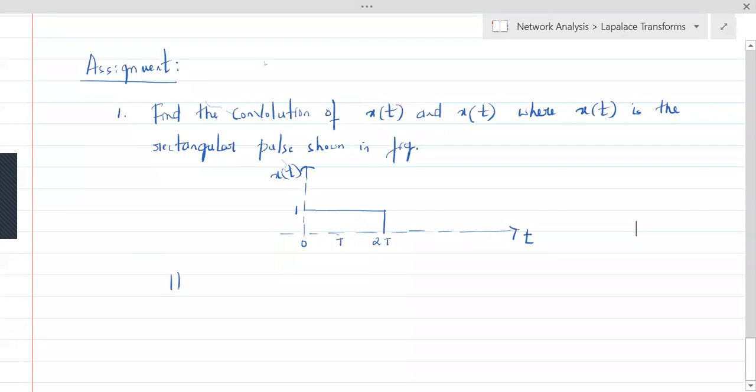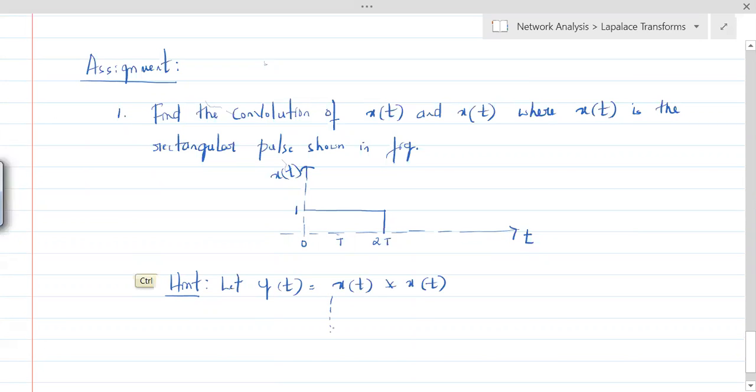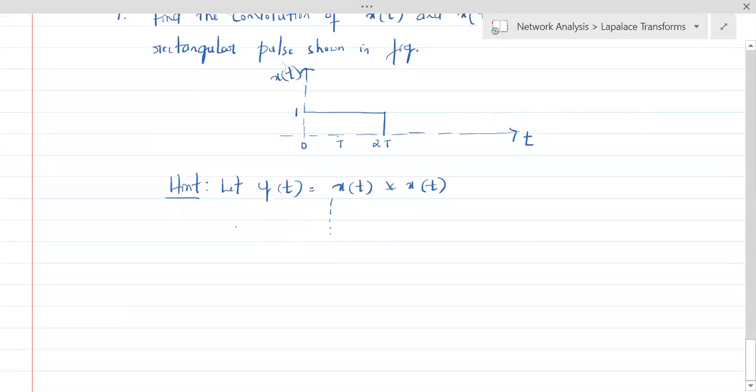What is that? A hint I'll give you. You should say, let y of t equal the convolution they're asking, right? X of t needs to be convolved with x of t. Okay. So what would you do? You would apply Laplace transform.